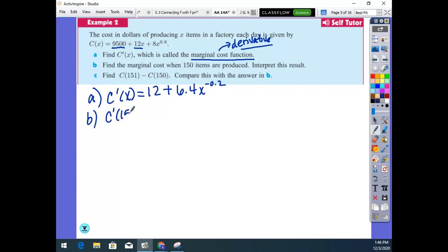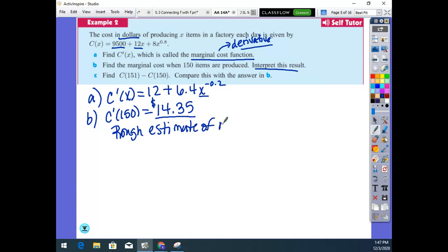So we're just plugging in 150 items, and when we plug this into this equation here, because this is cost, this is in dollars, this is telling us if we make 150 items, it's going to cost us roughly, this is the interpretation, this is the estimate of making one more, so the 151st item.